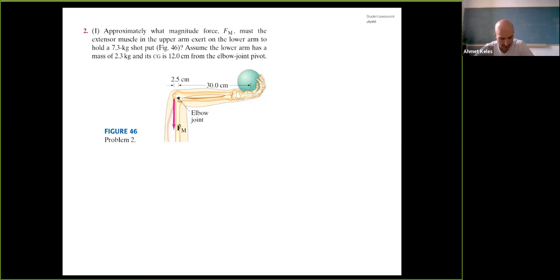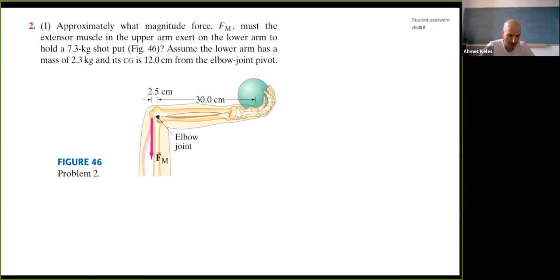Let me give you a couple of minutes. How should I start? Free body diagram. Okay, let me do that. This force F sub m is already here, so I'm not going to plot it.